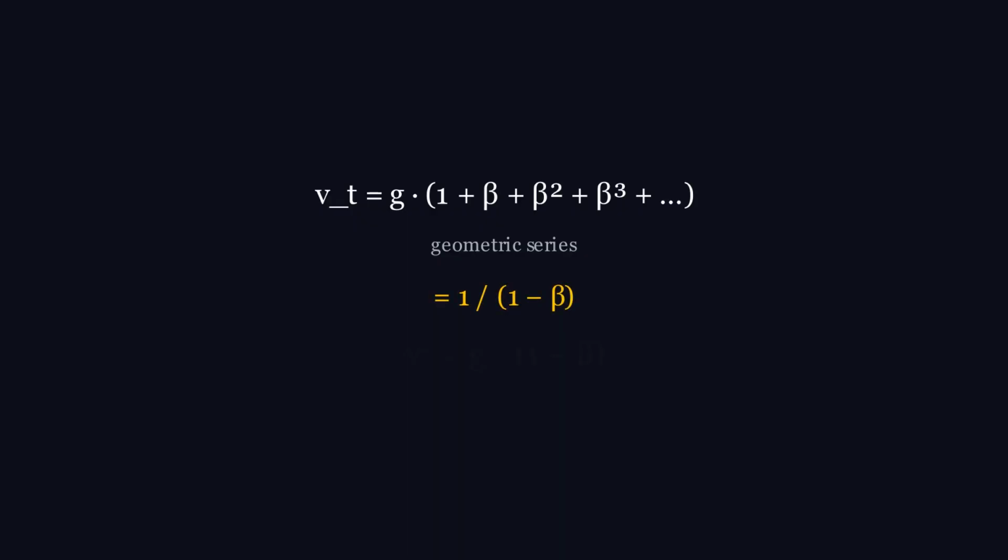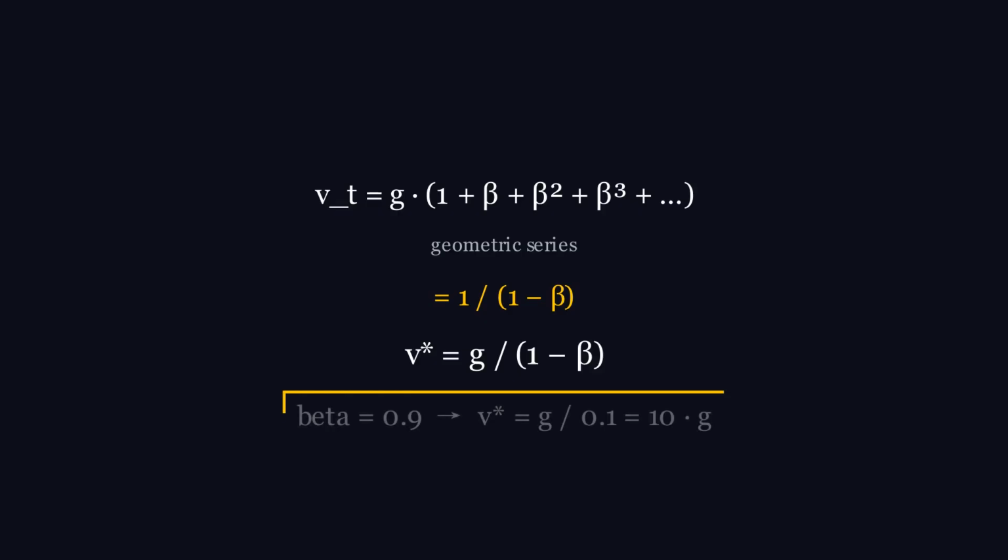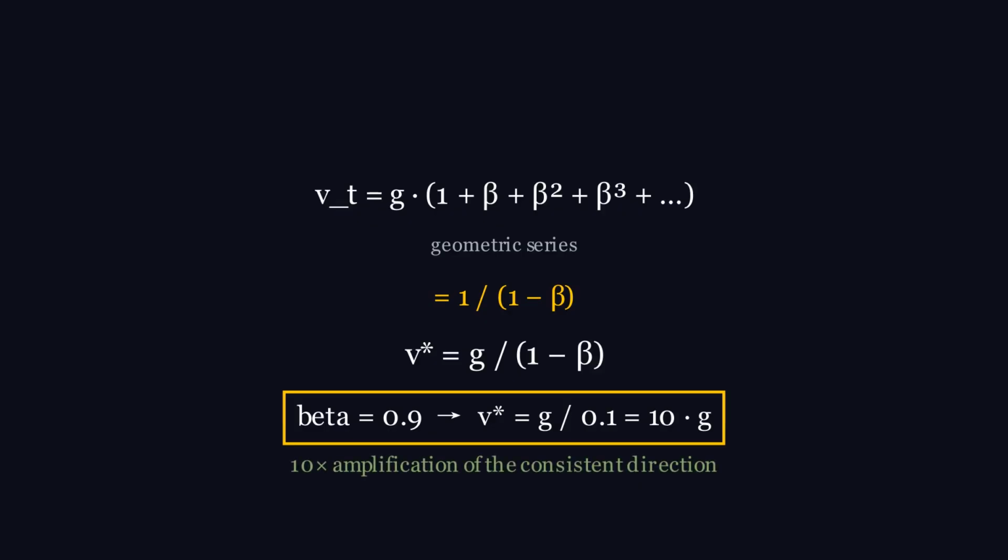A geometric series with ratio less than 1 sums to 1 over 1 minus the ratio. Here the ratio is beta, so the bracket sums to 1 over 1 minus beta. In other words, a consistent gradient of size g produces a steady-state velocity of g divided by 1 minus beta. At beta equals 0.9, that is a 10 times amplification of the consistent direction.